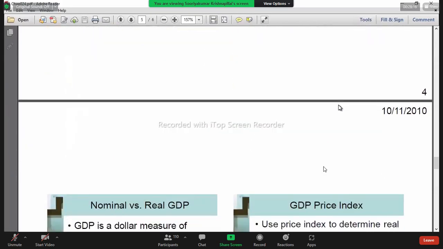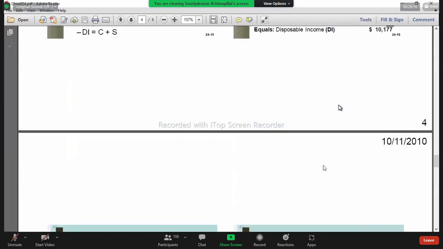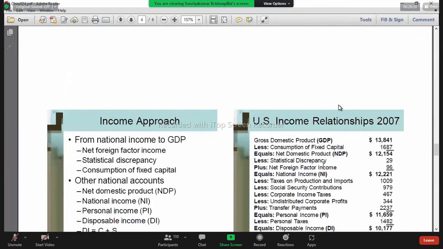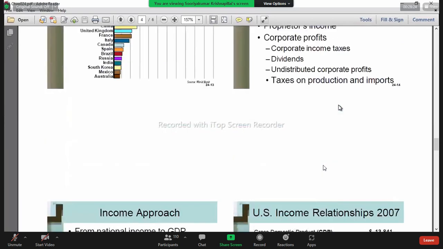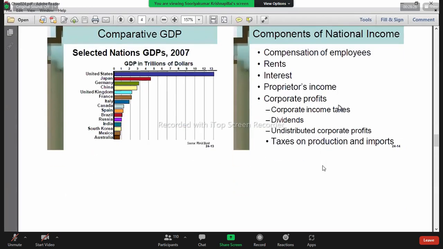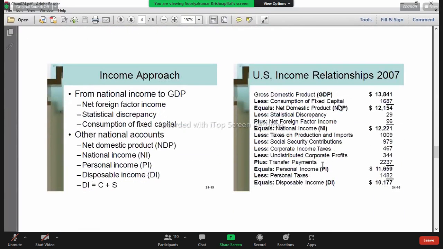So in the last class, we studied measuring the GDP by two methods, the income approach and the expenditure approach. From those methods, we get the net domestic product, national income, then personal income, then disposable income.